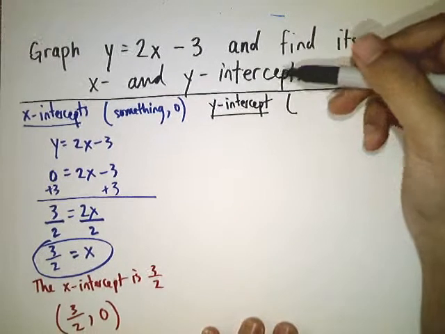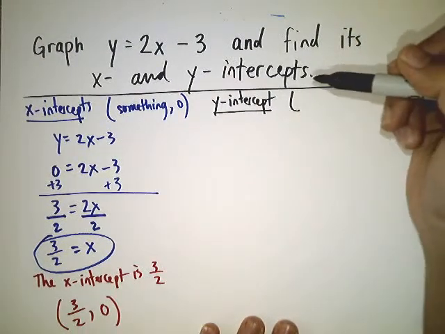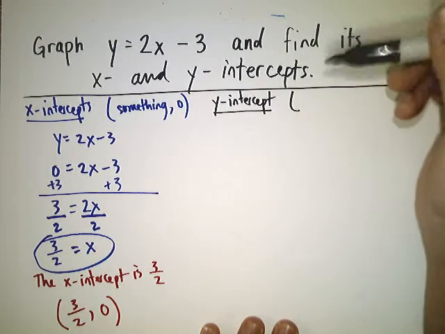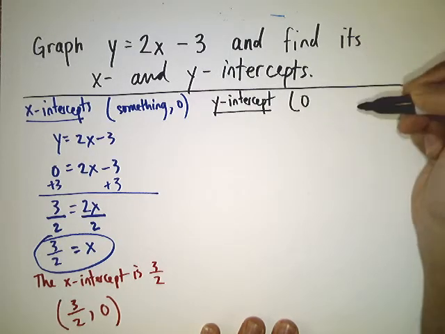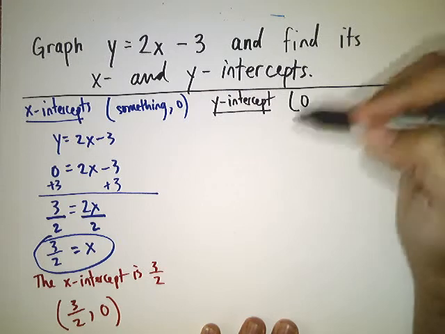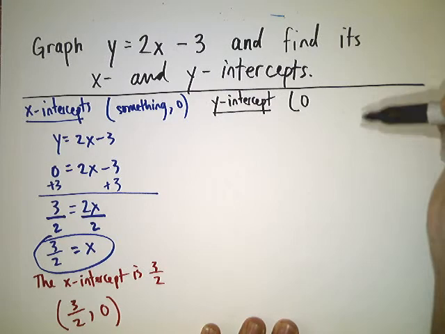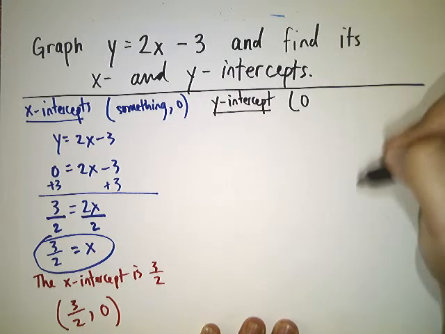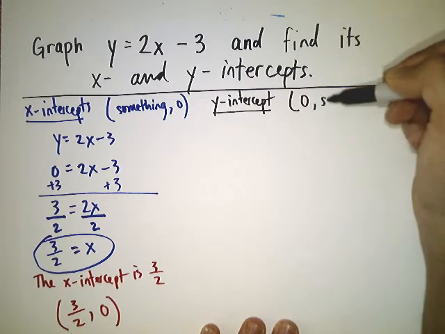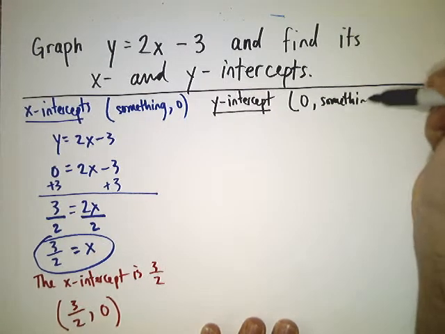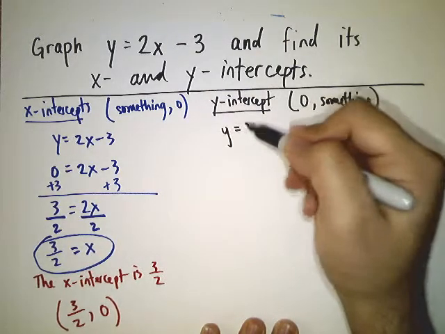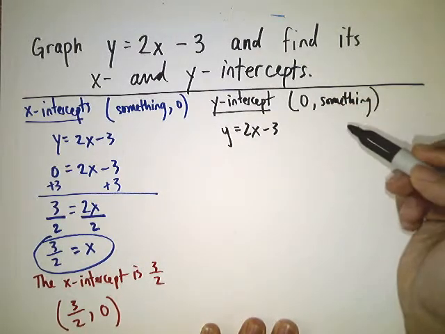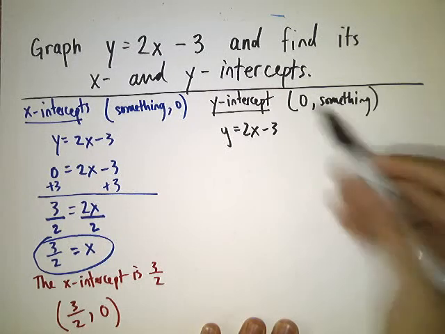Because the y-intercept is on the y-axis, that means that its x-coordinate will be 0, because we don't have to go left or right to get to a point on the y-axis. That's the up and down axis. So it'll be 0, something. Again, we'll start with our original equation, y equals 2x minus 3, and plug in that 0 for x.